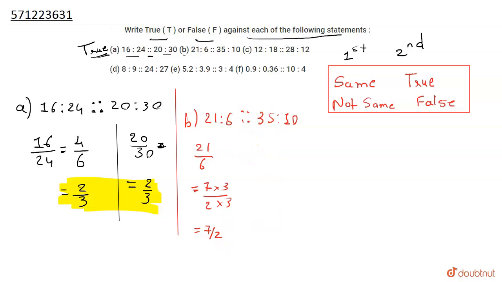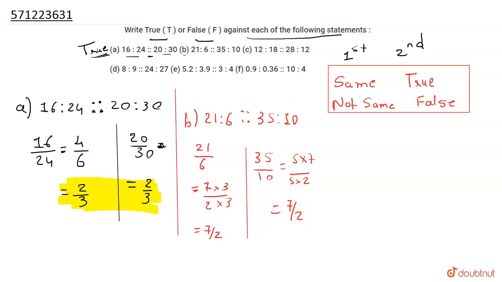And the next ratio is 35 by 10, which is nothing but 5 into 7 and 5 into 2. So 5 is cut here, and the remaining is 7 by 2.